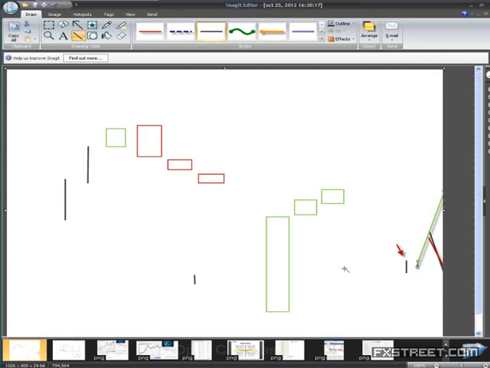Not only if they fit the form, or the relationship of the shadow to the body, or the bodies among themselves in patterns made of two or three or more candles, but also the place where that pattern emerges.